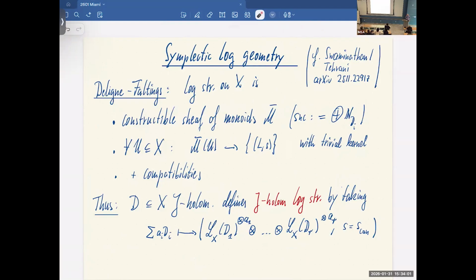So once we have this, we can easily define symplectic log geometry. Again, that has been a bit of a headache thinking about it for many years, because all these notions depend on some notion of functions. I've been freaking out people for many years by starting talks with "a log structure is a homomorphism of sheaves of monoids and blah, blah, blah."